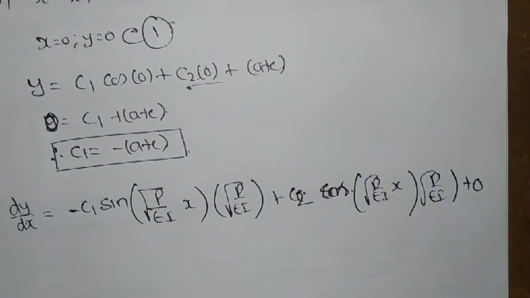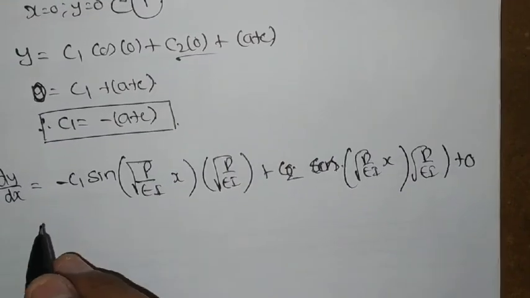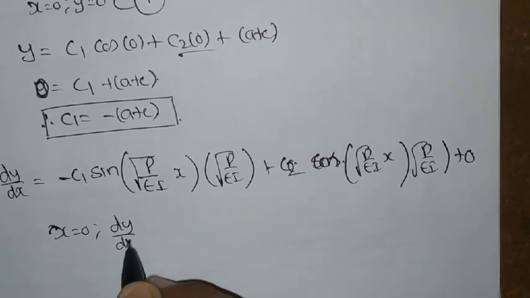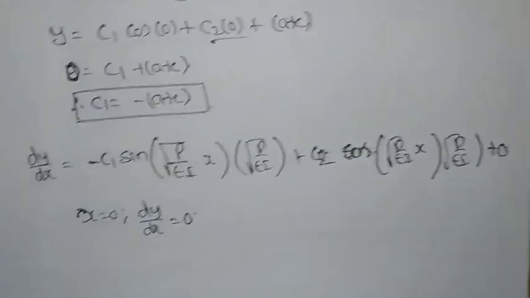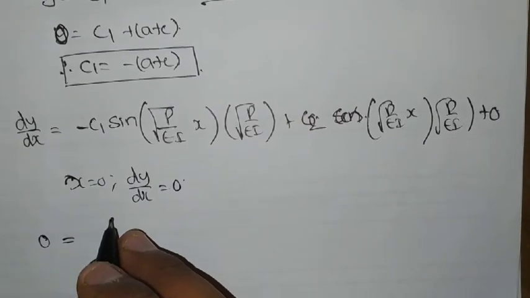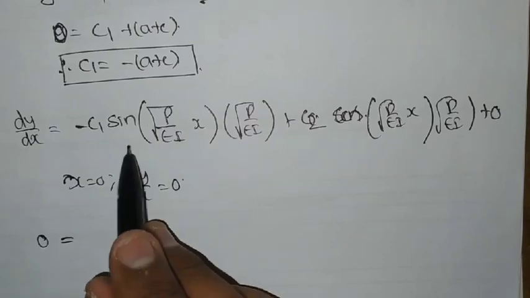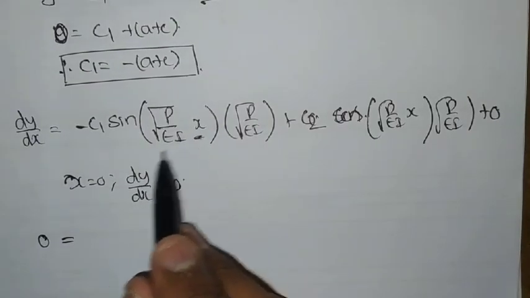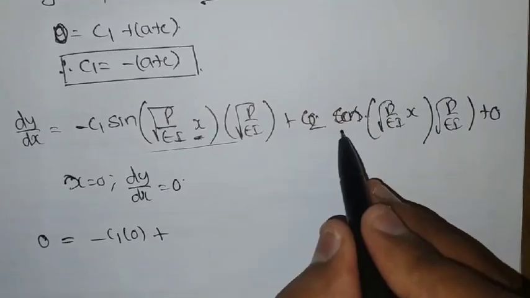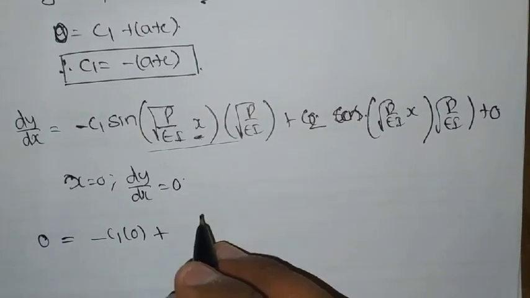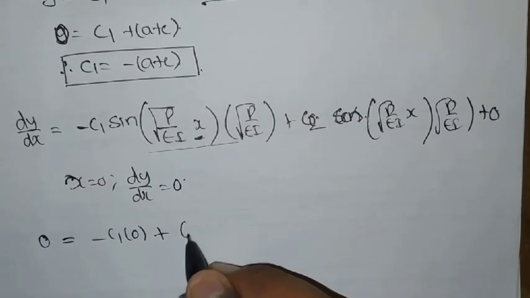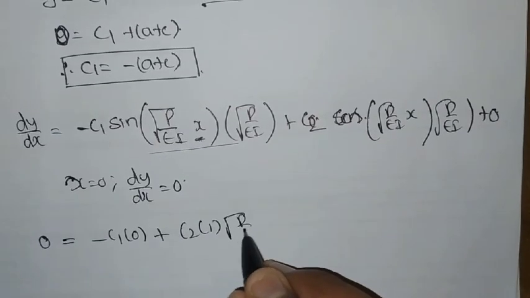Next we substitute the second boundary condition, that is at x is equal to 0, dy by dx is equal to 0. By substituting, dy by dx is 0, sin 0 is 0, so the c1 term becomes minus c1 into 0, plus c2 into cos 0, which is 1, into root of P by EI.